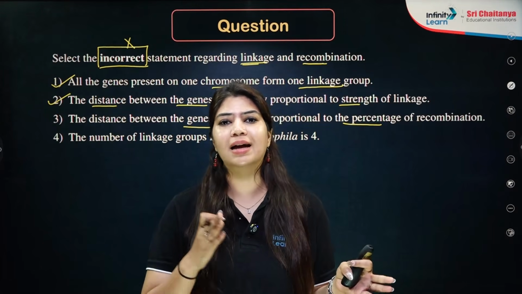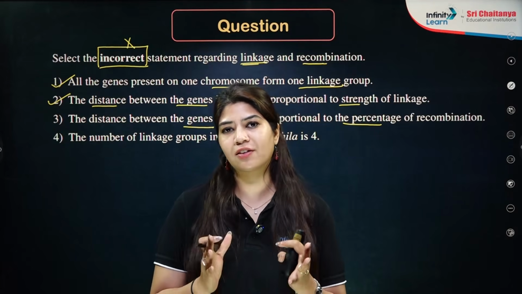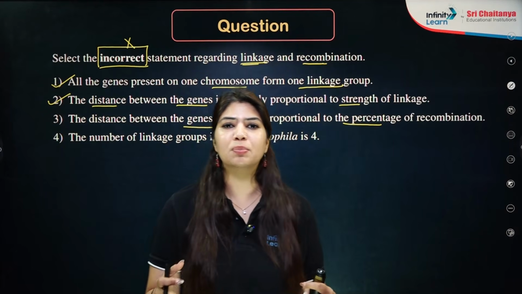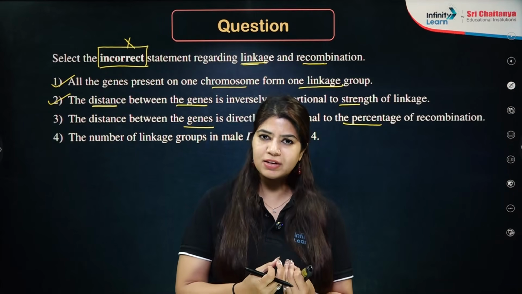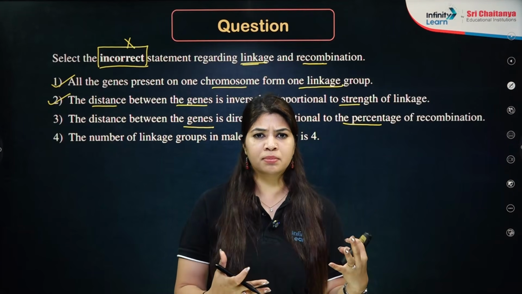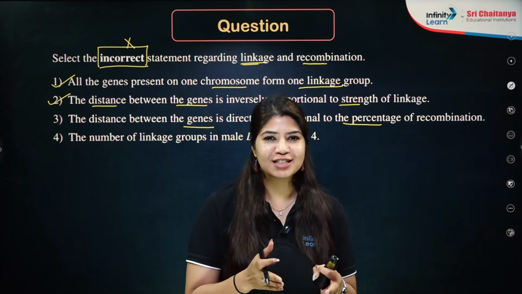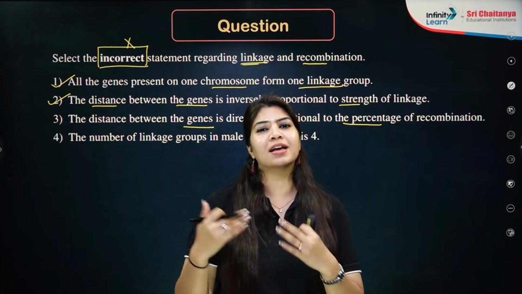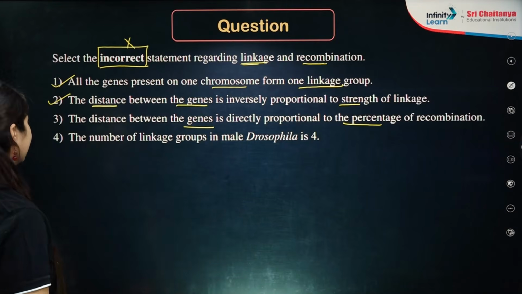We will not get the 9:3:3:1 ratio. We will get very different ratios if linkage is there. It all depends upon how tightly those 2 genes are linked. Based upon that, we can have linkage of 2 different types, depending on whether the 2 genes are closely associated or far apart.